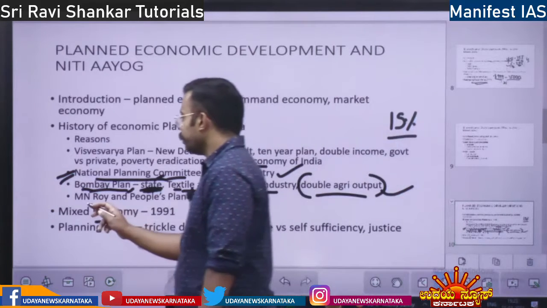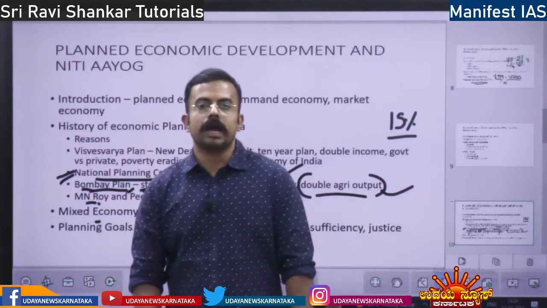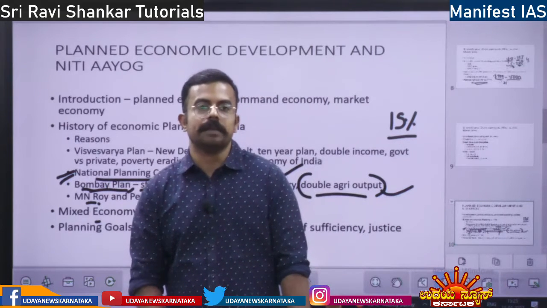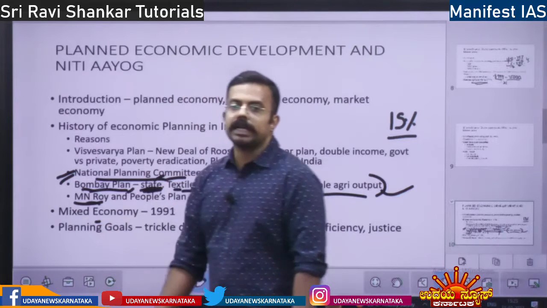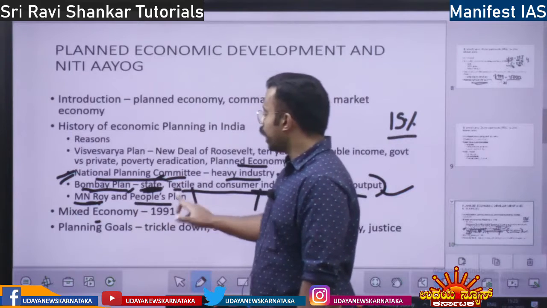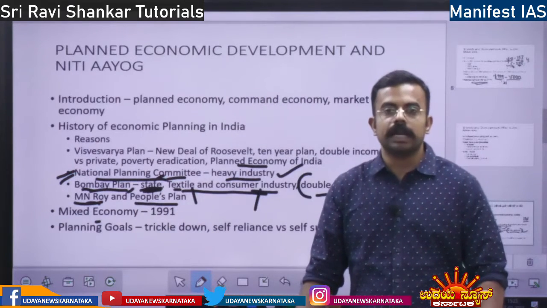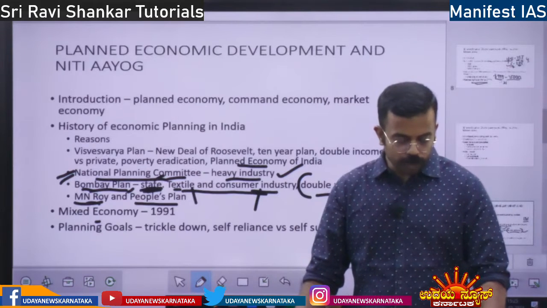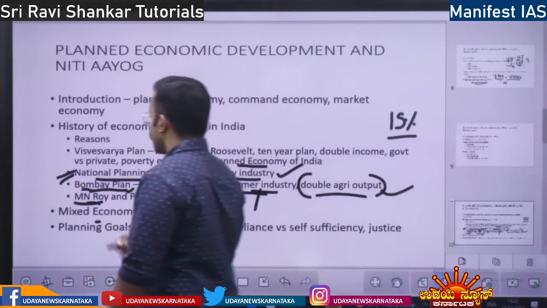And also M.N. Roy establishes the Communist Party of India in 1920. M.N. Roy is known to establish Communist Party of India in 1920, and he gives the People's Plan. People's Plan is given by M.N. Roy. What is this People's Plan? See, it is a communist plan.